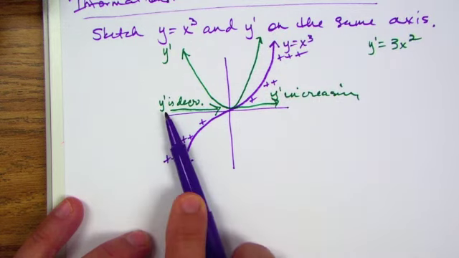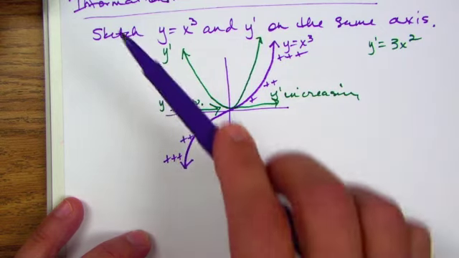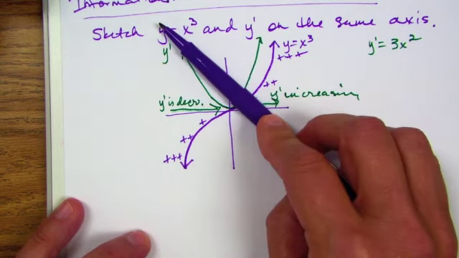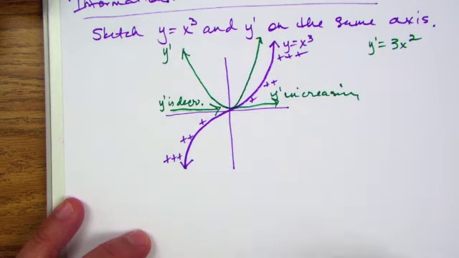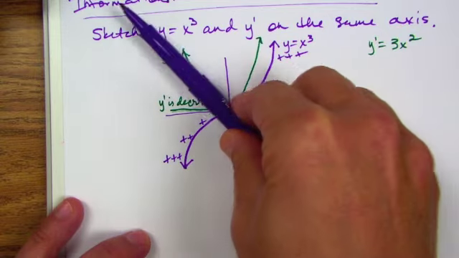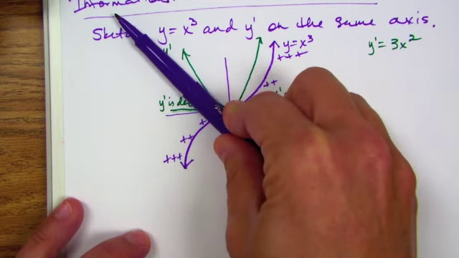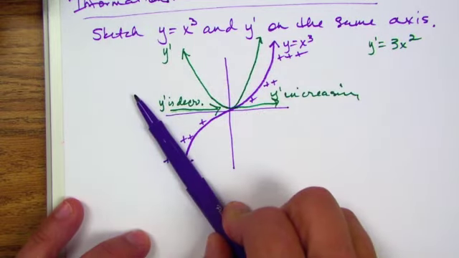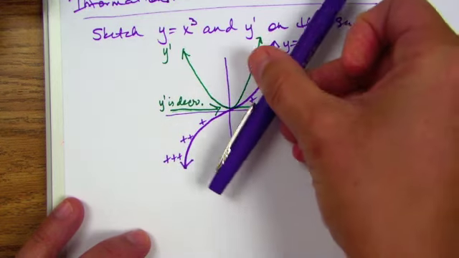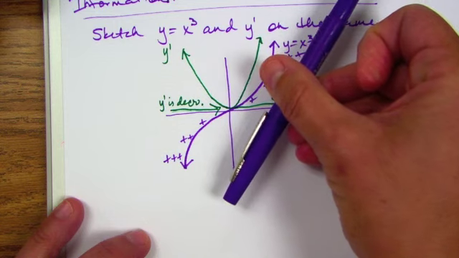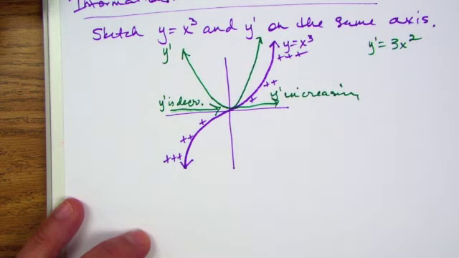What's another way to say y prime is decreasing? If y prime is decreasing, y double prime is negative. Good, Justin. If y prime is increasing, y double prime is positive.